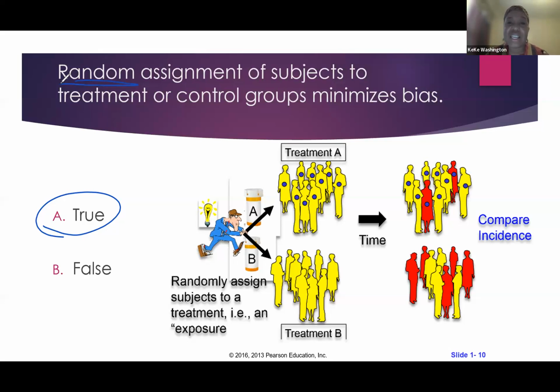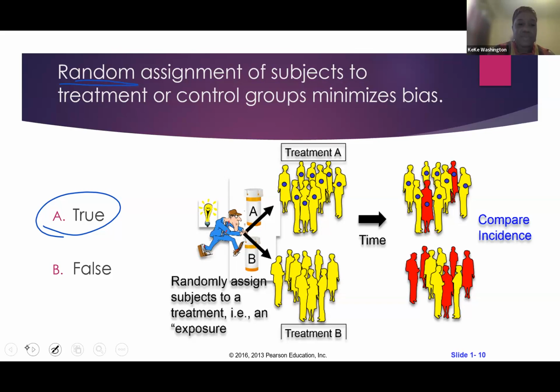If you do not see the word random, you're dealing with an observational study. Okay, so we have to randomly select our sample. We place them in groups, and that allows us to minimize biases because we don't want the same type of person in each group, right? We want to minimize bias. Okay, so a random selection, that's the first thing that you need in a controlled experiment.